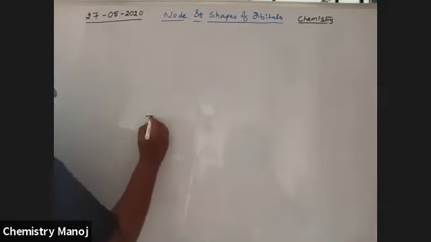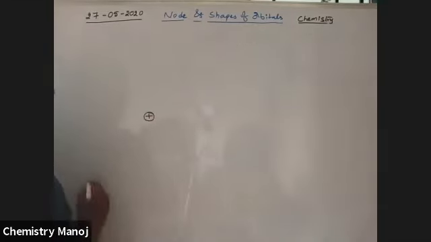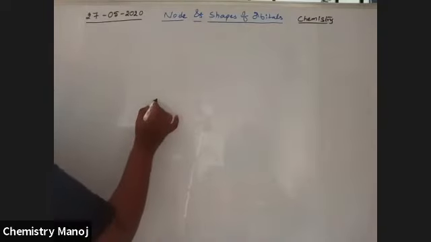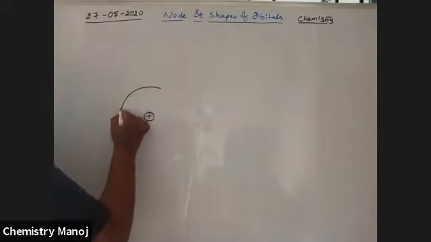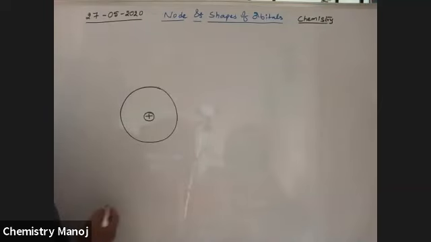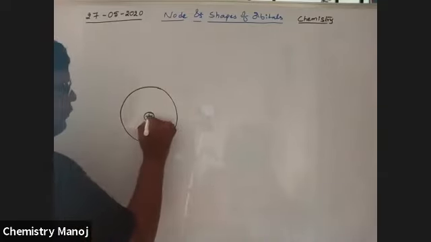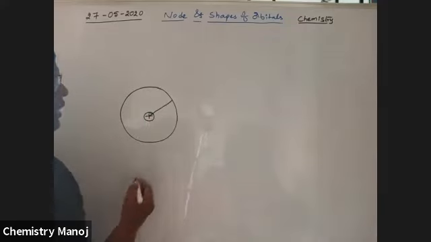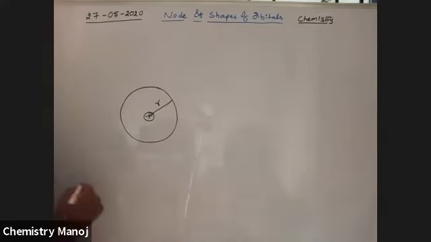See here, this is the nucleus of the atom. This is the orbit where the electron is revolving around the nucleus in a closed circular path as per our Bohr theory, but the latest view is that the electron moves in that orbit in the form of a wave. Now the distance from the center of the nucleus to that orbit, let it be r.